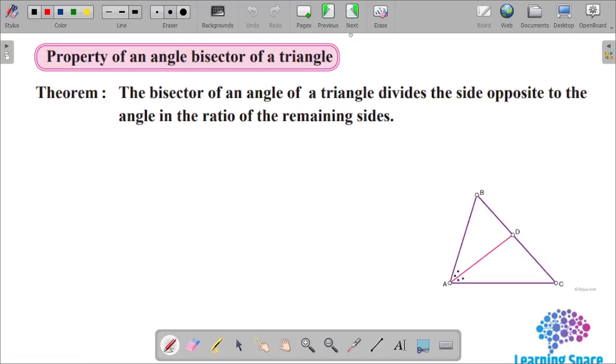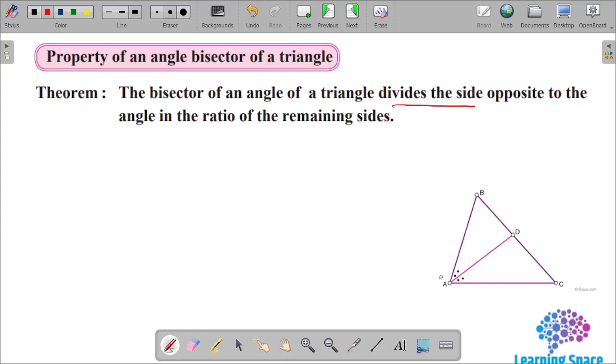Next, the property of an angle bisector of a triangle. The angle bisector theorem says the bisector of an angle of a triangle divides the side opposite to the angle in the ratio of the remaining sides.